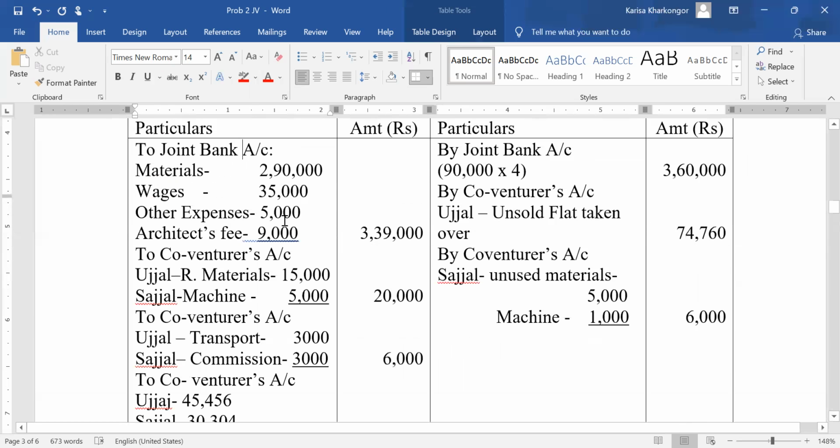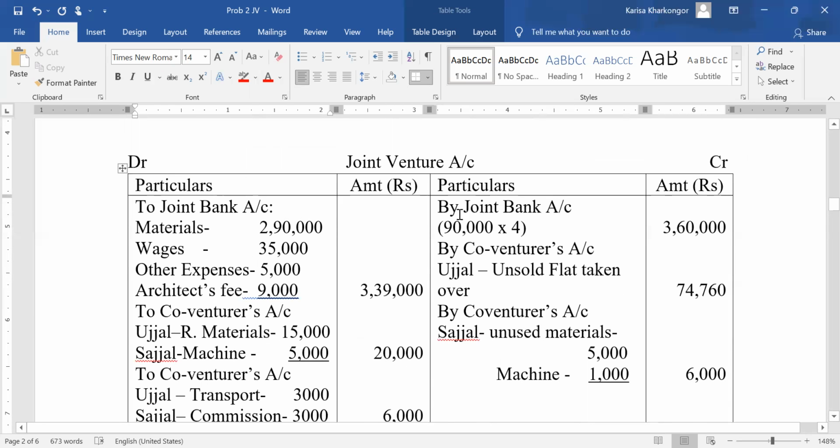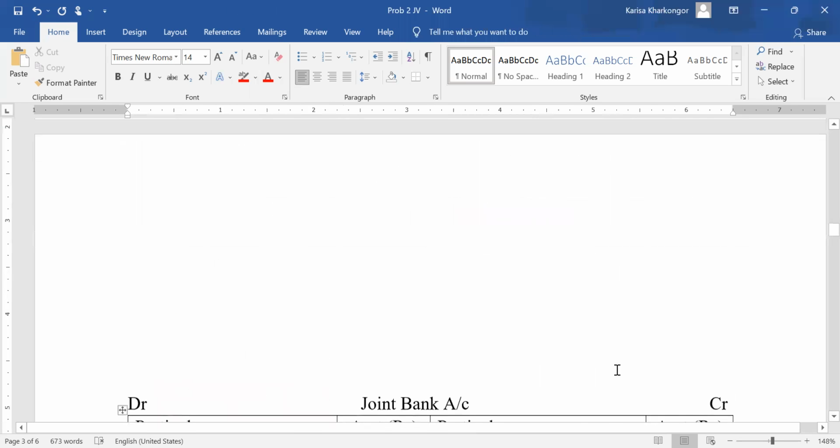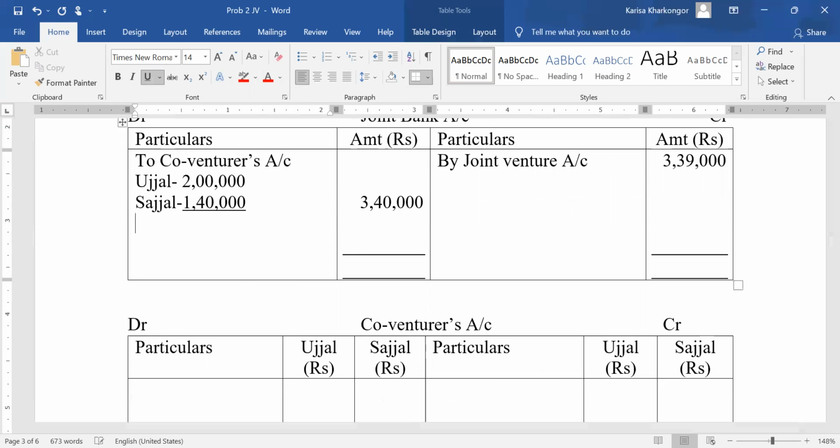Next, again go to joint venture account. There is another entry made by joint bank account 3,60,000. This is for the money received on the 4 flats after completion and disposing them of.